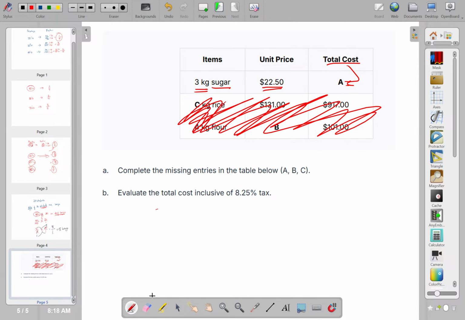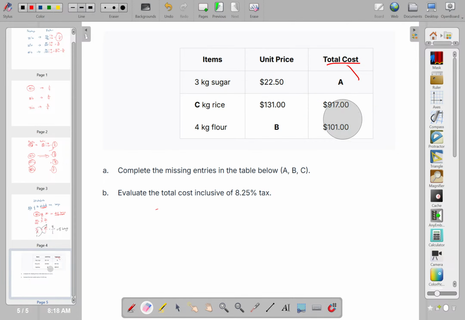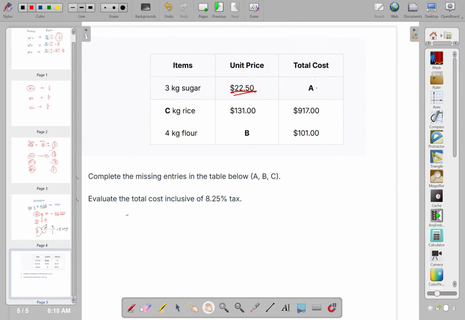So if you want to find A now, how much would that give me? I see it in the comment section. Right, so if we want A, every kilogram costs $22.50. I can do it from basic school: 1 kilogram, $22.50. 1 kilogram, $22.50. 1 kilogram, $22.50.